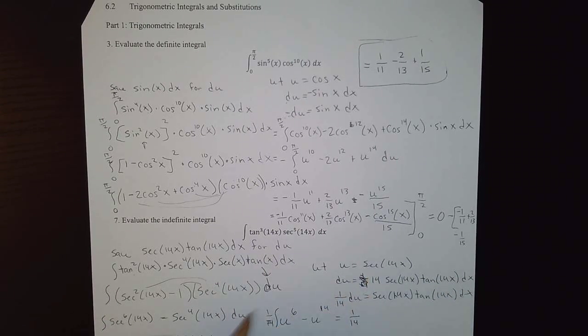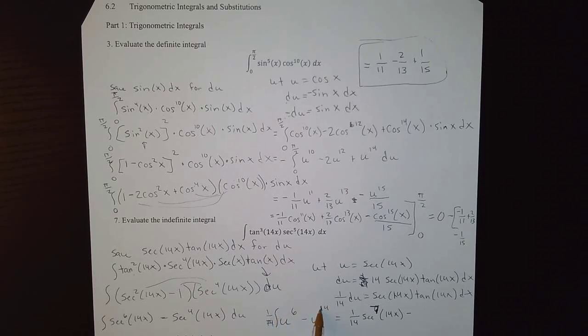U goes back to secant of 14x. So this is secant to the 6th power of 14x minus... oh, I apologize. This should actually be to the 7th power, because I forgot to take the antiderivative.